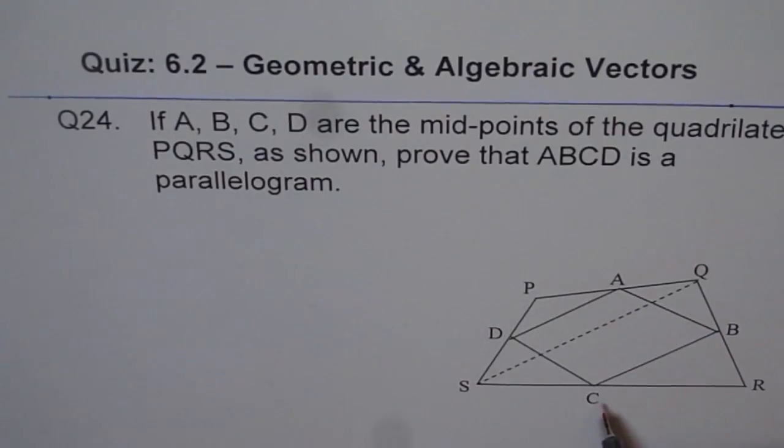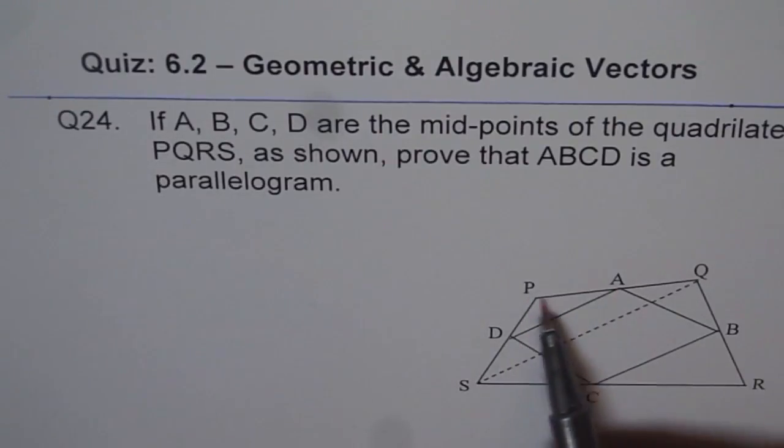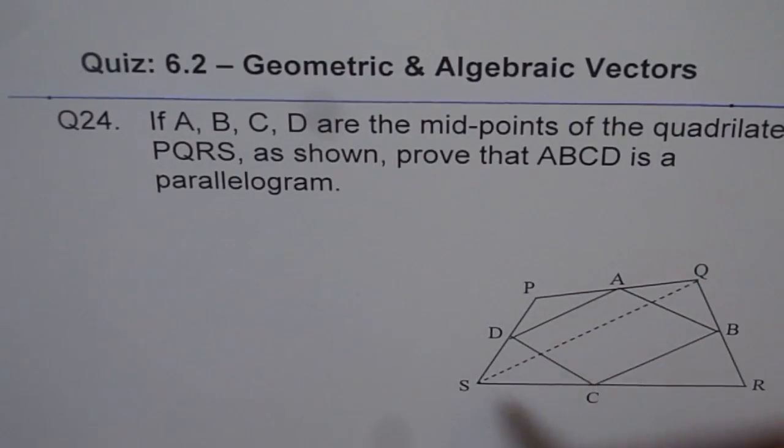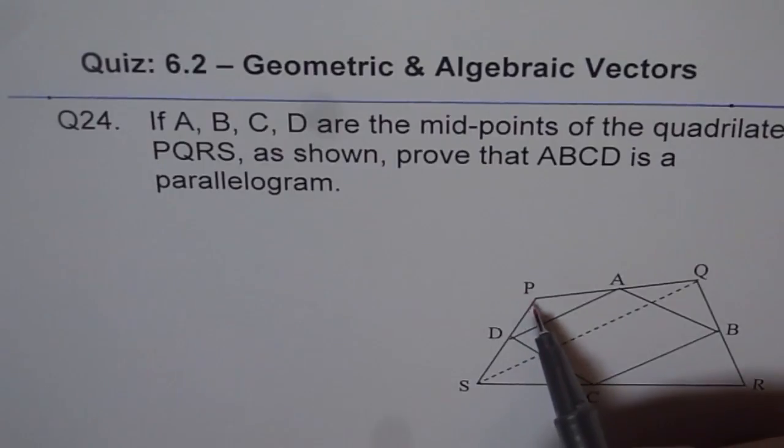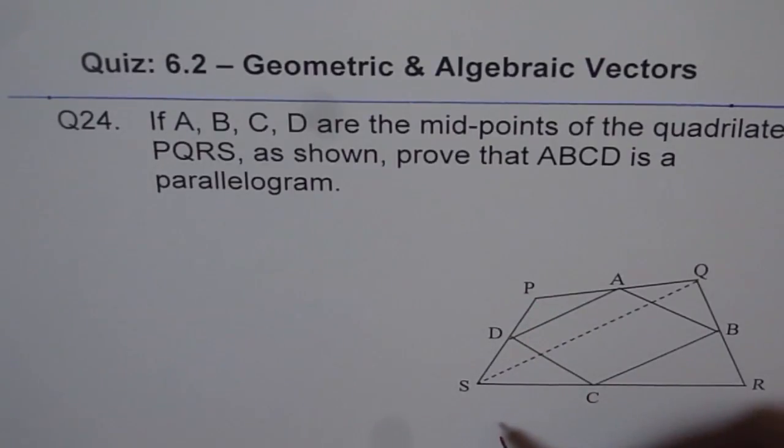Okay. Now we'll start with the strategy. If you look at these two triangles, I've actually constructed this. That is, I joined S and Q to prove that ABCD is a parallelogram. What I'm trying to do here is consider two sets of triangles.